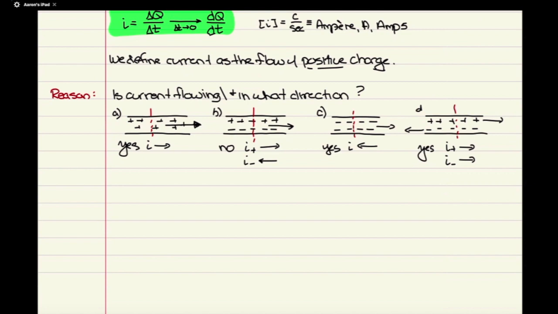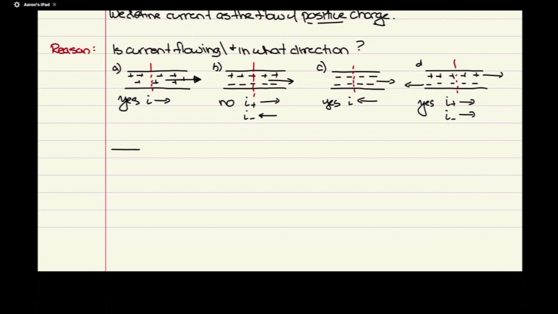Now, when you actually set up a circuit, suppose you have some battery that you hook up and then you have some sort of light bulb that you hook up here, which causes the light bulb to shine.